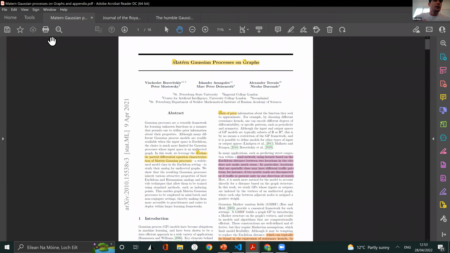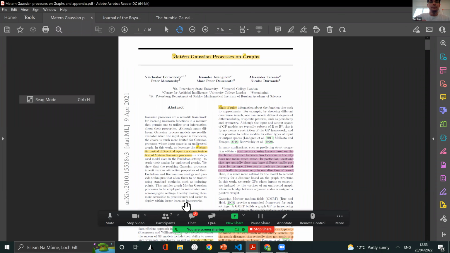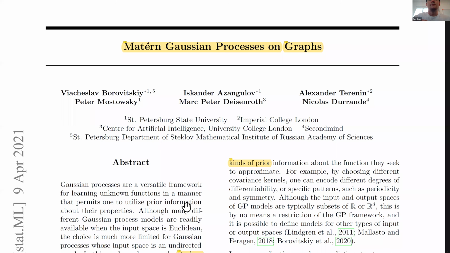See if I can get this full screen. Why would the space on which the GP acts matter? Arvid, could you elaborate in what sense? Can you hear me? That matter to what, for example? Can you hear me now?